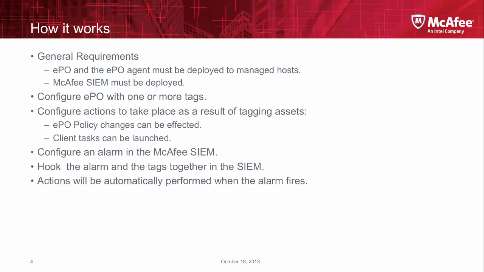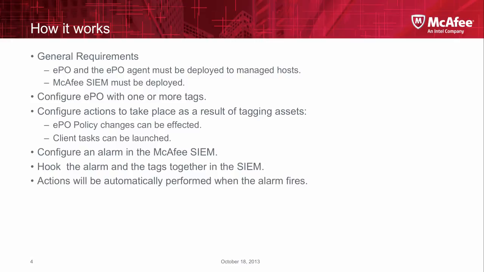However, it will allow chosen incoming connections to that machine: incoming connections from EPO, incoming connections from network segments where IT management would generally be located. So they will still be able to connect to this machine and remediate it remotely. And then once that process has happened, simply removing that tag will reset that machine to its standard state of operation and will no longer have it isolated.